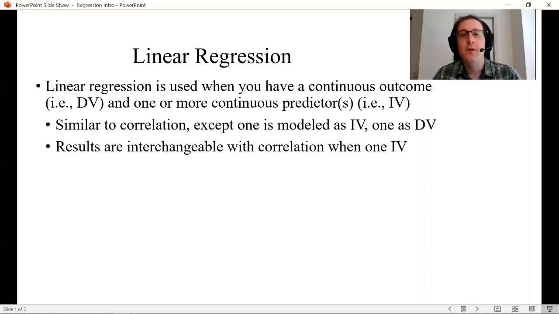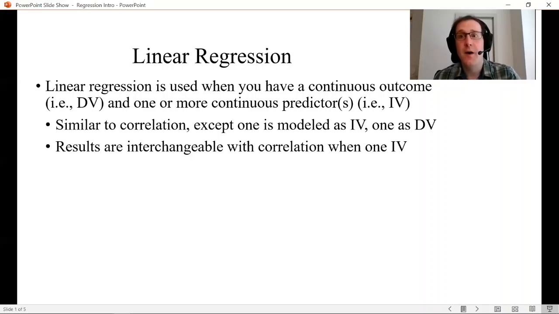So if you do have one independent variable and one dependent variable, correlations and regressions will give you basically the same information. The p-value is going to be the same in terms of the statistical significance. You will get a different value for a linear regression for the test statistic.